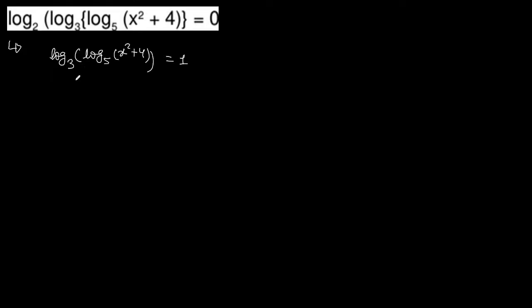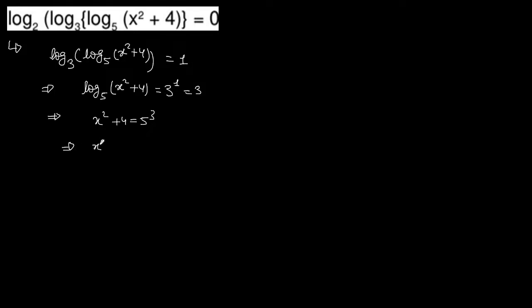We will send 3 this side, it is log base 5 of x square plus 4. This is 3 to the power 1, which is 3. Third, we will send 5 to the power 3, which is x square plus 4 equal to 5 to the power 3.